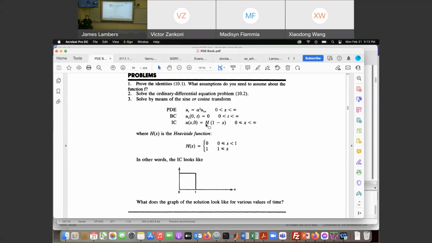Strangely, I actually went ahead and plotted the graph just to be sure that the correct Heaviside function evaluated at 1 minus x does give you this. But fortunately, you can work out the problem without caring what the definition of the Heaviside function is. You just think that it's a function that's equal to 1 here and 0 everywhere else.